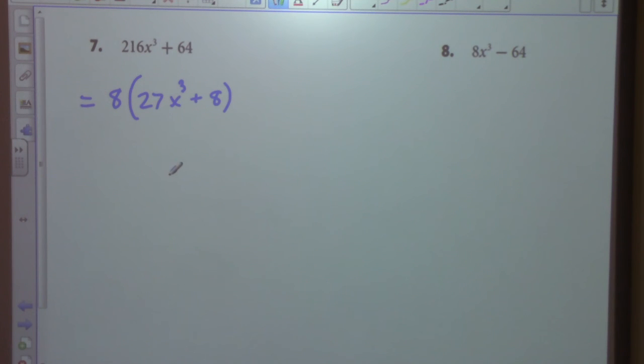Okay, hot in here. I panic when I get hot. So now, because it's just an advanced thing, that's just the way it works out, okay? Now what's the cube root of 27x cubed? It's 3x, right?